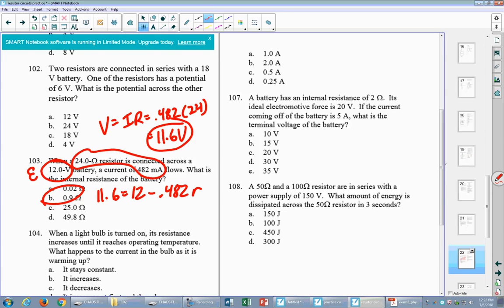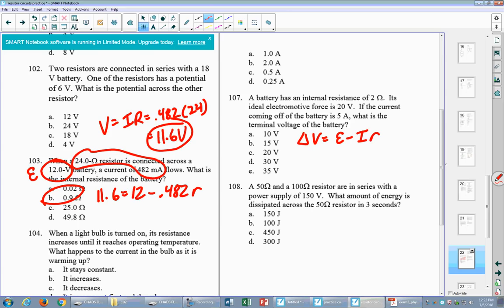Okay? There was one like 103? Yeah, more like 107, right? In this one you're looking for the terminal voltage, and my terminal voltage is my EMF, that's sort of the ideal battery, minus the voltage drop across that internal resistance.